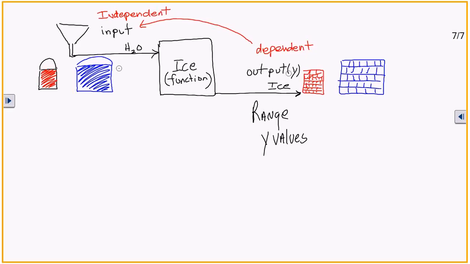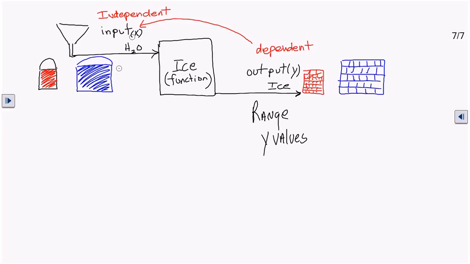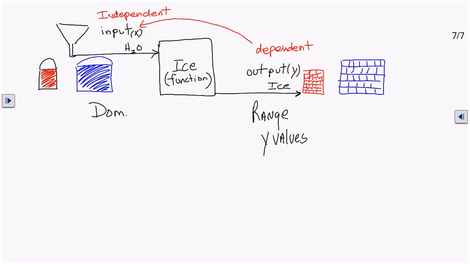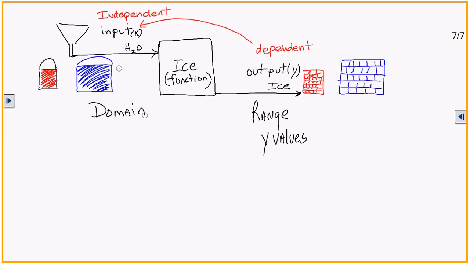Input is x. But input, that's not sophisticated enough. So we're going to call the input the domain. So the domain dictates the range. It's not the other way around. Okay? So basically, a function is a fancy way of writing an equation.